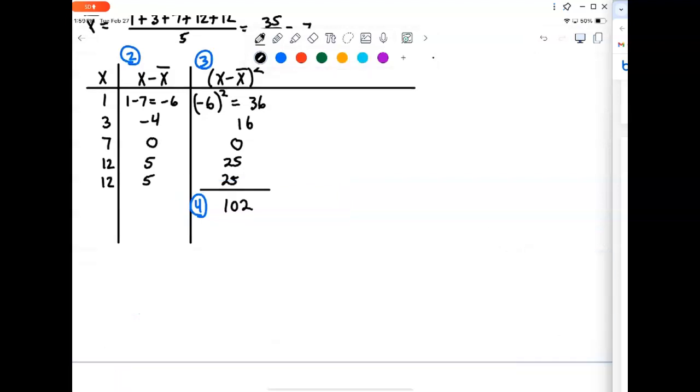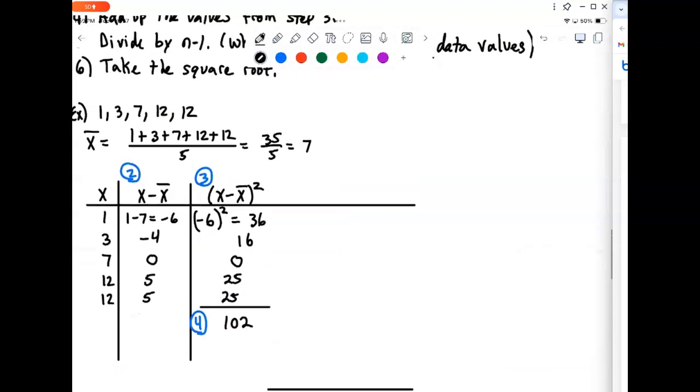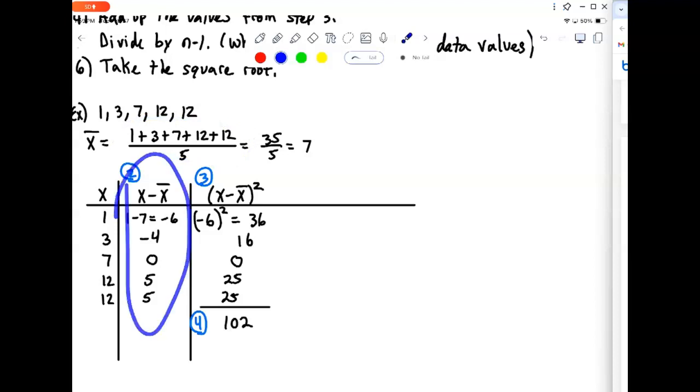So again, just to recap what we've done so far, we begin step 1 by finding our average. In other words, add them all up, divide by the total. We then compute each data value minus the mean, and then we square all those answers, and then we add them up to get our total. And then step 5, we divide by 1 less than our number of data values.